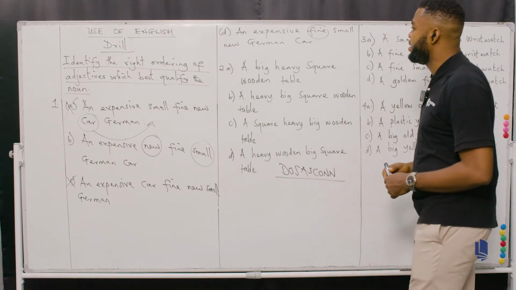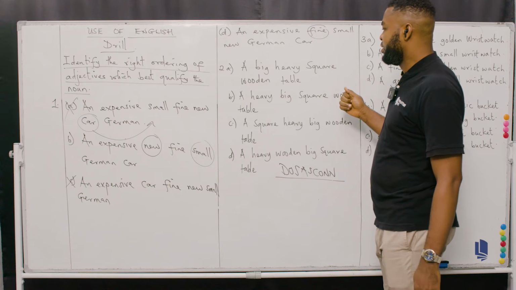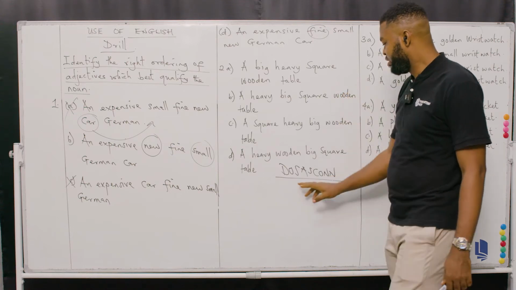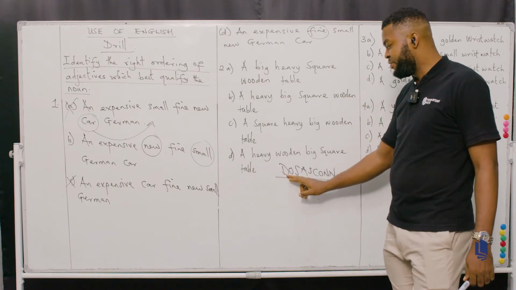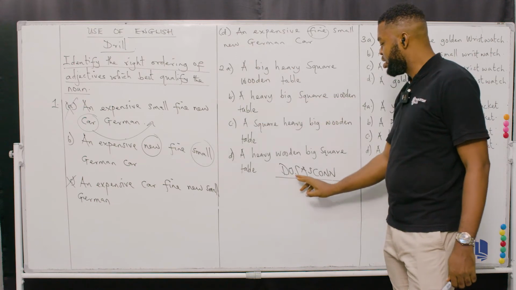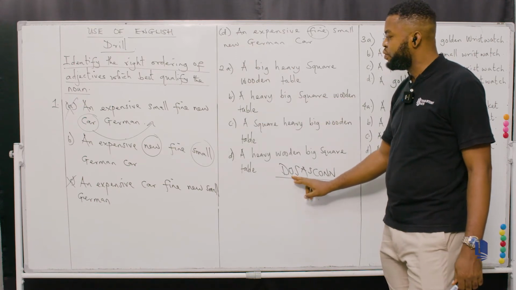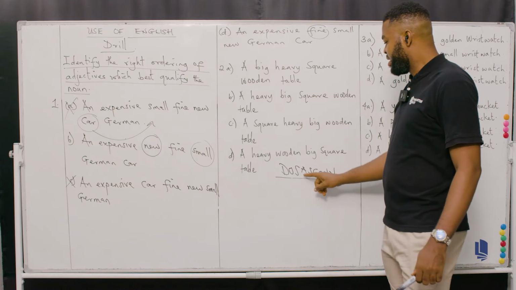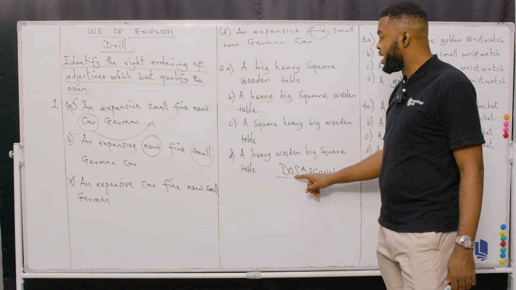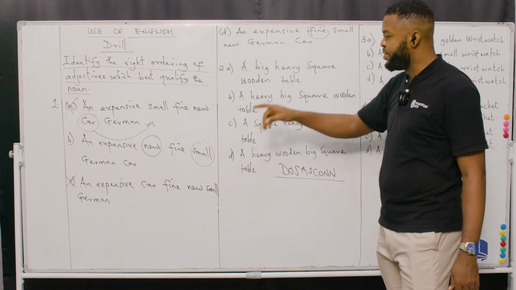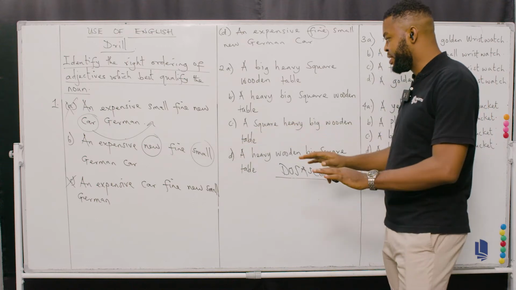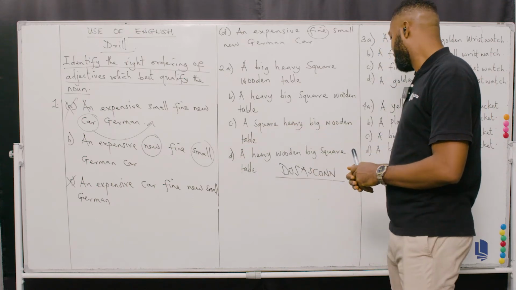So what you have here, look at the ordering. Determiner first. Both of them have determiners. Order of adjective, which is expensive, expensive. Size. You have fine here and you have new. Okay, there's no size there.